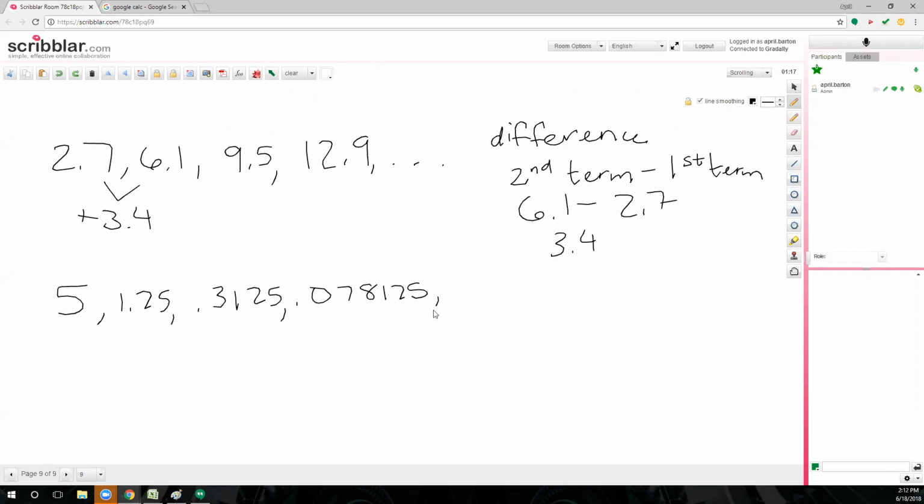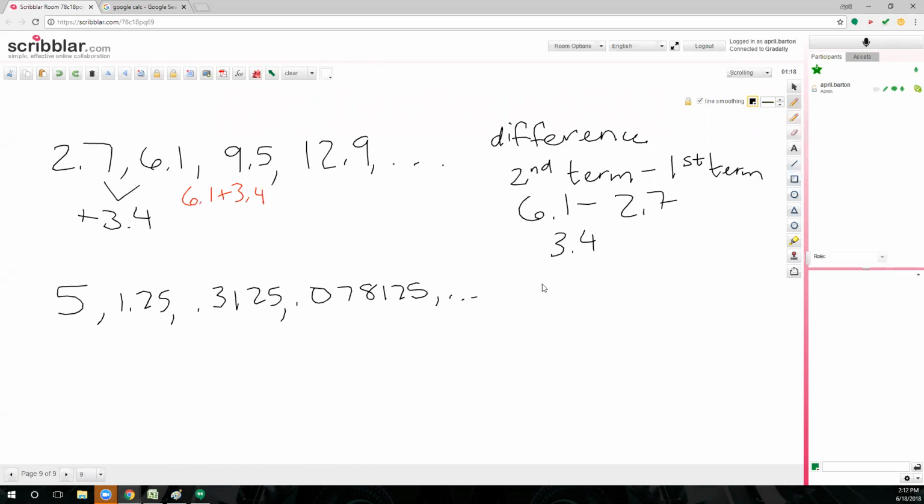So probably it's a geometric sequence. You can try and find the common difference, but if you're not sure, just double check. So like on our first one, we said, well, 2.7 plus 3.4 is 6.1. I'm going to double check and make sure that 6.1 plus 3.4 really does give me 9.5. If it does, it's for sure arithmetic. If it doesn't, then it's probably geometric.